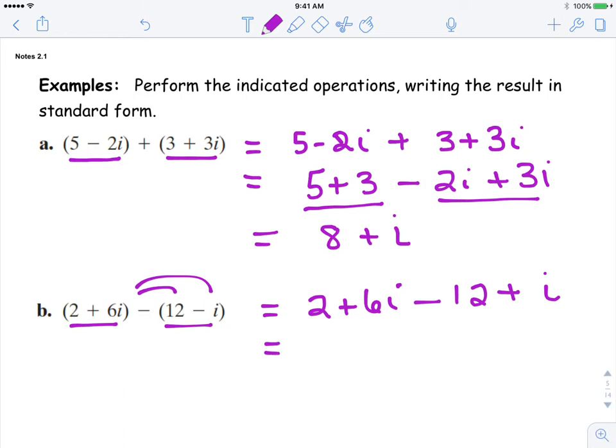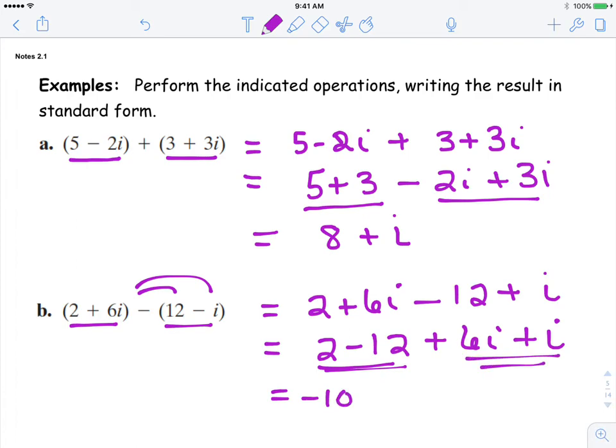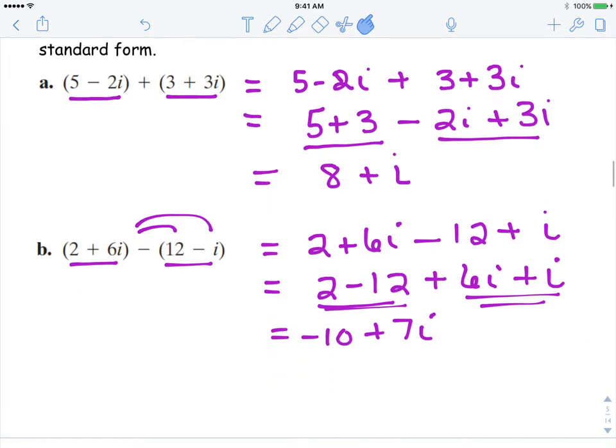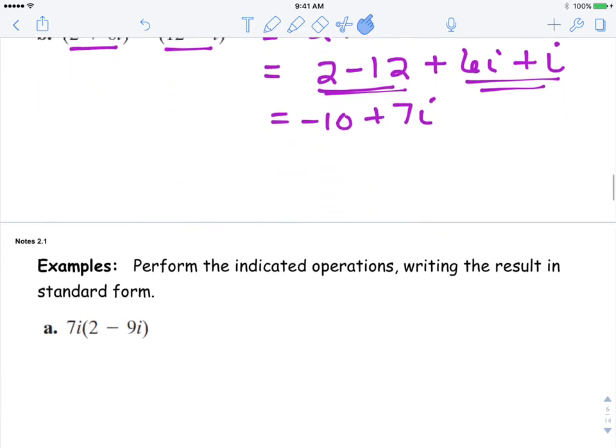Now I'm going to rearrange the terms, having my real pieces together, the 2 minus 12, and then my imaginary pieces next to each other. Now we combine the real pieces, -10, and the imaginary pieces, 7i. What you'll get is a new complex number in standard form.